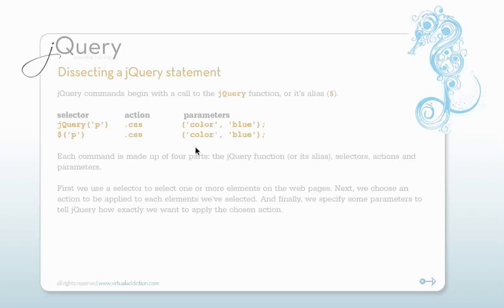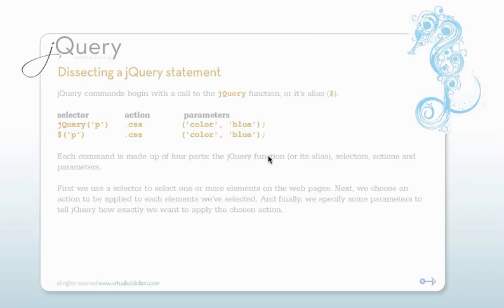So in this example, what we're doing is we're asking the selector to select all the paragraph tags on the page, and then we are going to use jQuery's CSS action, which is used to modify a CSS property, and we're going to modify the CSS property of paragraph elements that were initially selected, and then we're going to pass on the parameters to set the color of all the paragraphs to blue. So the result is any paragraph on our web page would turn blue.